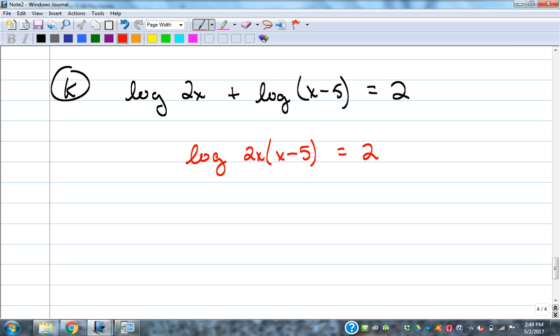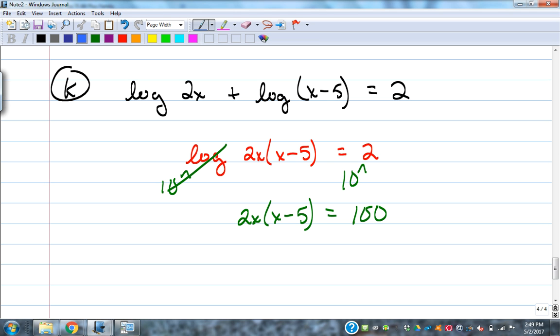How do I get rid of this log? Remember it's what base is it? It's base 10. So I'm going to use that as the base. These cancel. I get 2x times x minus 5 is equal to 10 squared, which is 100. And now I got to solve that.